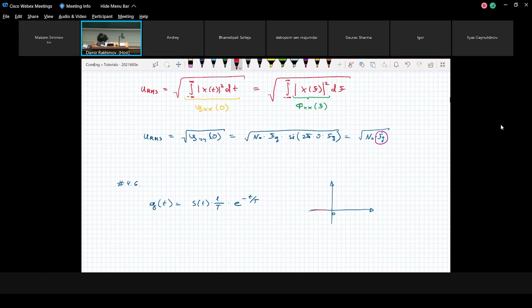Below 0 the value is 0, because it's defined by this step function S of t, positive range, and then it decays exponentially.